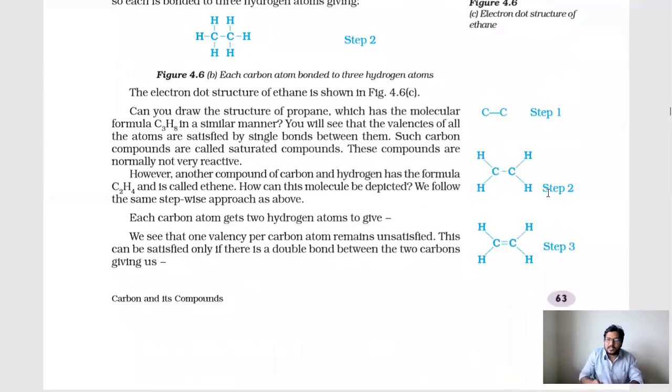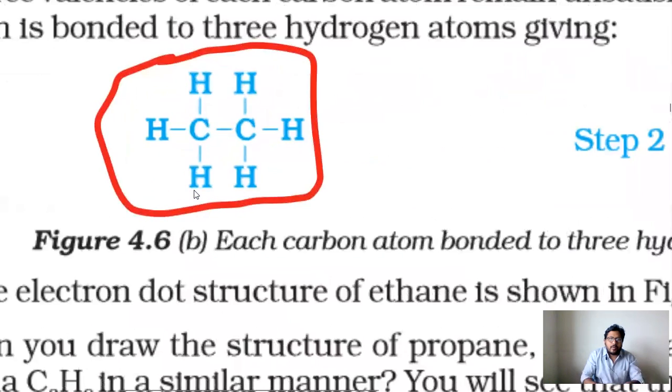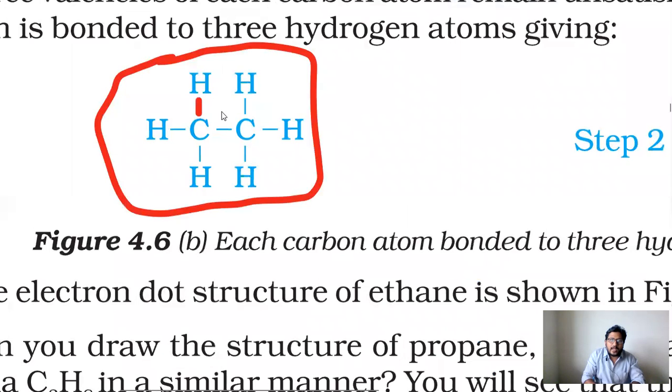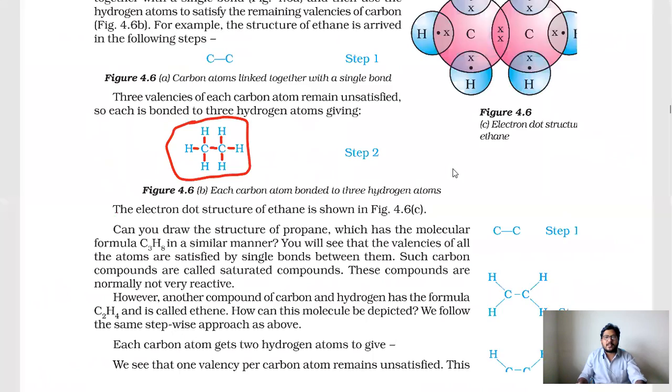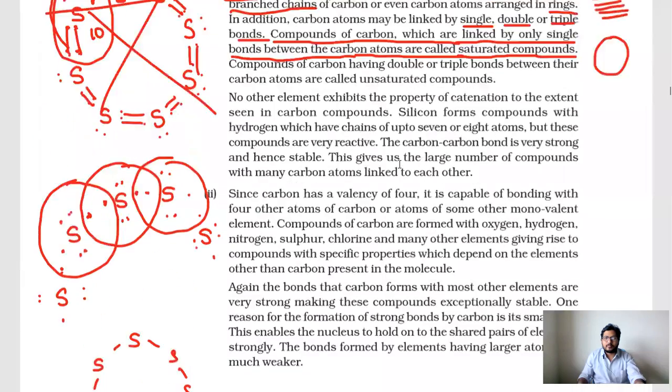You can find this structure now. Or you can find this structure. Here you can observe between carbon and hydrogen we have only single bonds. One line here, one line, one line, one, one, one, one. We don't have any two lines. So such types of compounds are known as saturated carbon compounds.